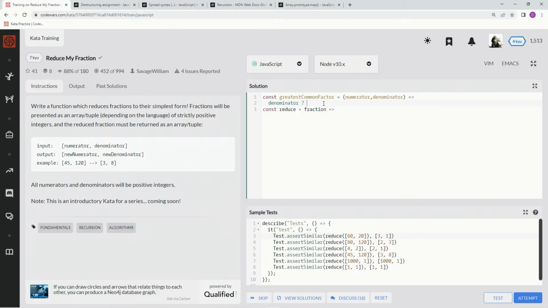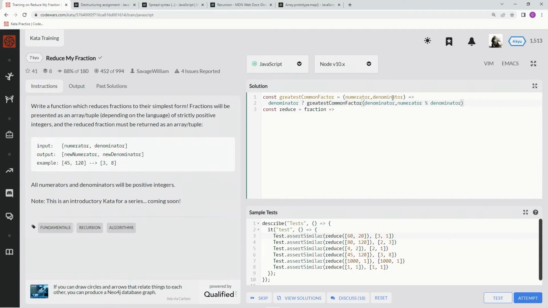So we're going to say greatest common factor, and inside there we're going to say denominator, and then as the other argument we're going to say numerator, remainder operator, denominator. All right. And basically, let's say we're doing like 8 and 10, right?